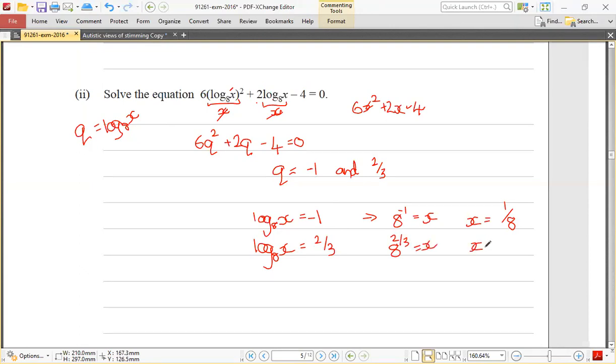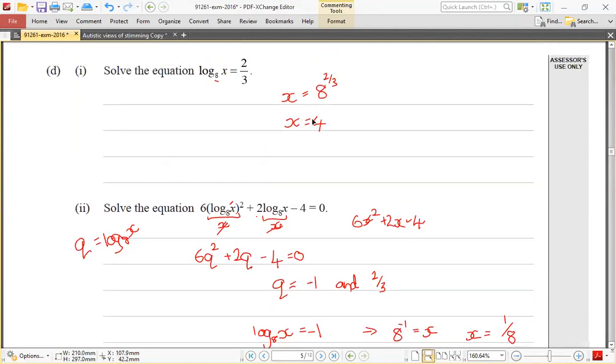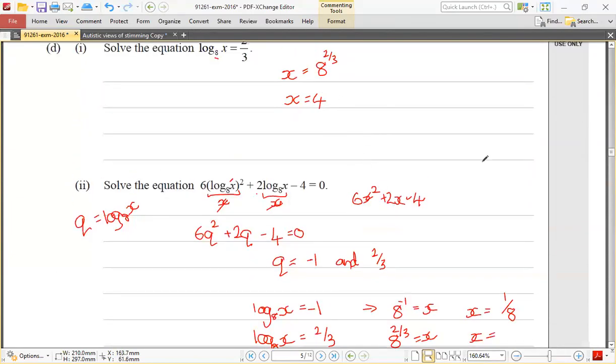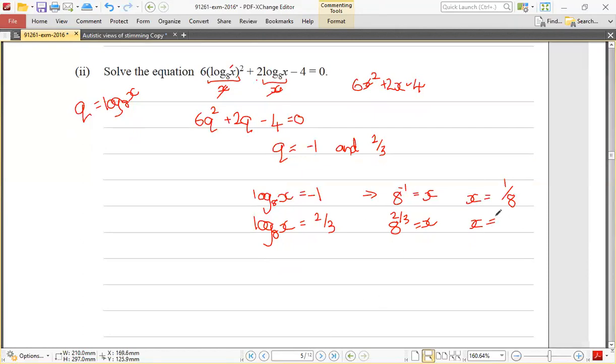So x equals, look, we did it up here. x equals 4. Done. That's it. All right. Next one. Next one's a doozy.